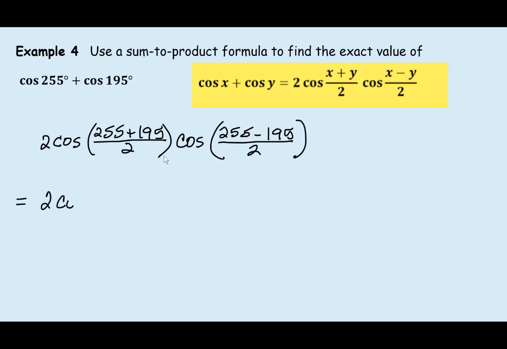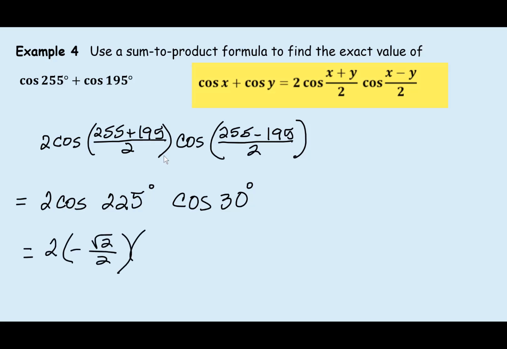And we're just going to multiply it out, add it up, divide it, all those things. 2 cosine 225, cosine 30. And we know that cosine 225 is negative square root of 2 over 2, and cosine 30 is square root of 3 over 2. So negative 2 square root of 6 over 4, and so that's just negative square root of 6 over 2.